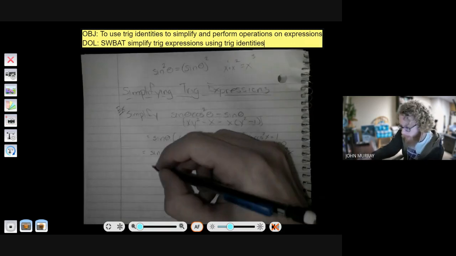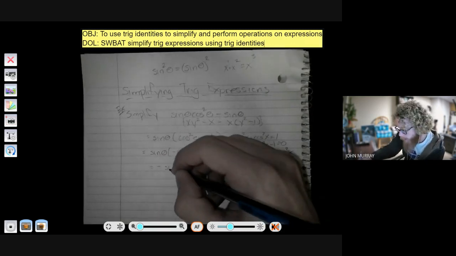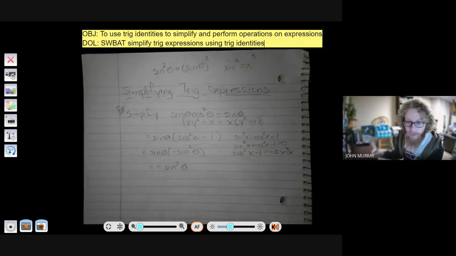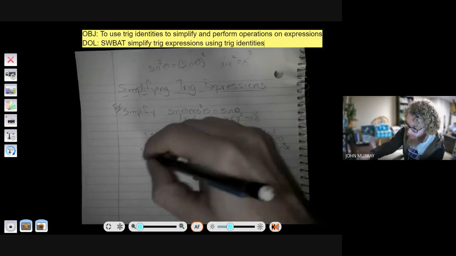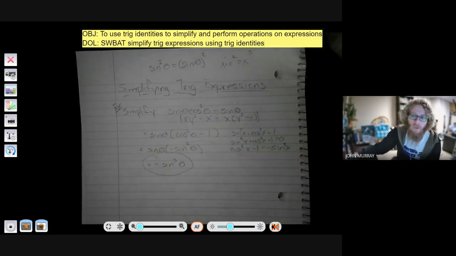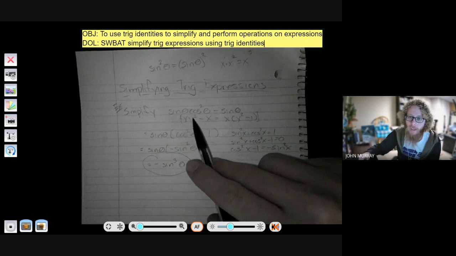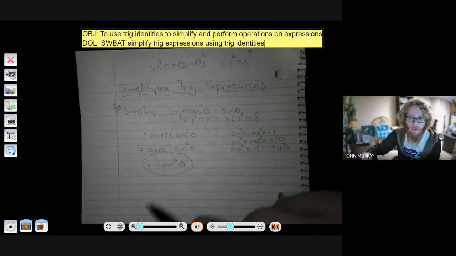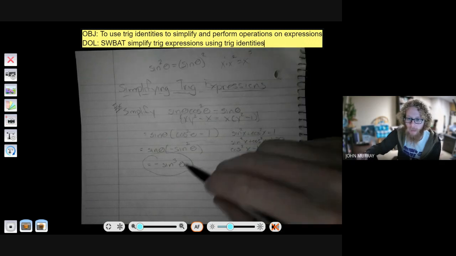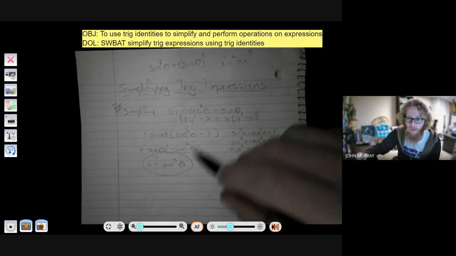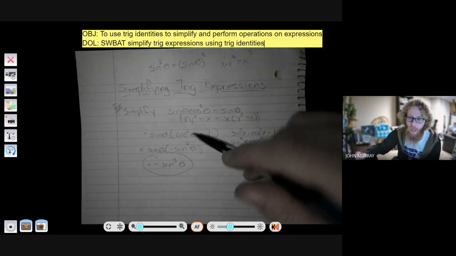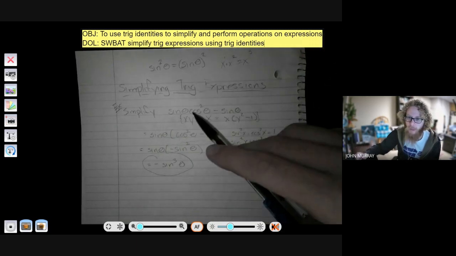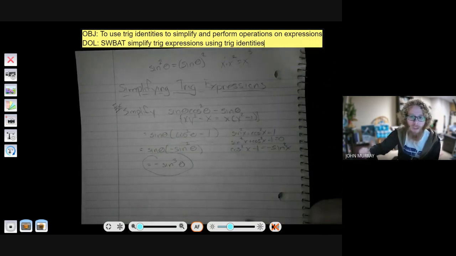So I would add my exponents. The simplified version of sine cosine squared minus sine is negative sine to the third. So they are equivalent expressions. If I picked any angle, say 20 degrees, and plugged it into this one and into that one, they both get me the same value.